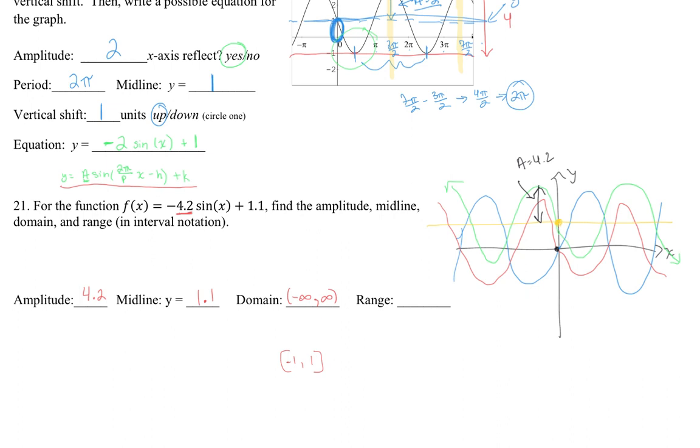However, we added 1.1 to the top part, and we subtracted 1.1 from the bottom part, right? And then we also have an amplitude of 4.2. So right here, let me make that a highlight.